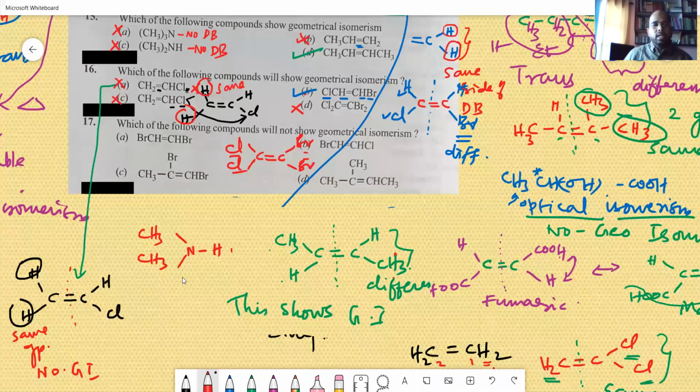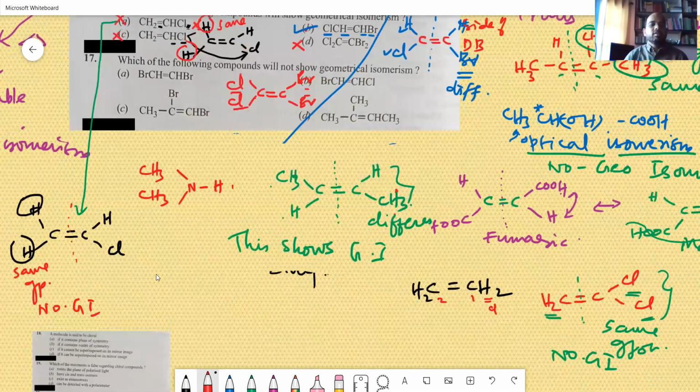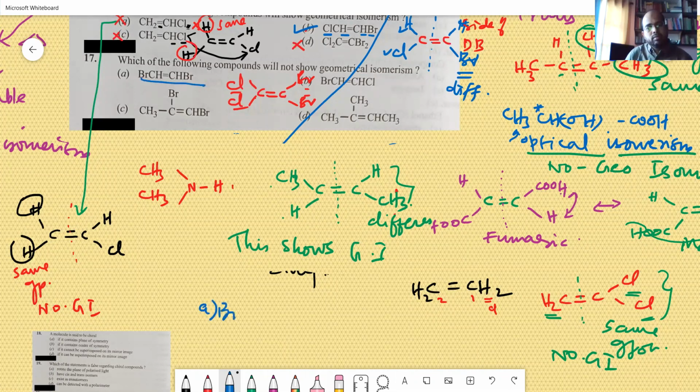Okay, so the last one is Br, CH, Br. Which of the following compounds does not show geometrical isomerism? In the question itself, you have to be very careful, because it asks which is not showing geometrical isomerism, but in some cases it is asked which shows geometrical isomerism. So you substitute A there, BrCH, Br.